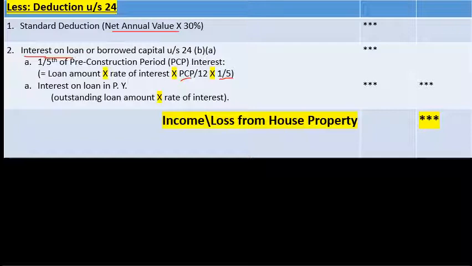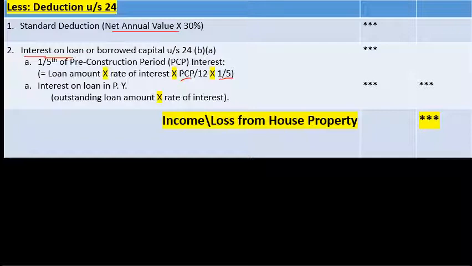So mainly two deductions under Section 24: standard deduction and interest on loan. After giving the deduction under Section 24 from net annual value, the balance is called income from house property or loss from house property. There are a lot of provisions related to interest on loan or interest on borrowed capital, about the pre-construction period and the interest on loan in the previous year, which I will explain in detail in the coming classes.